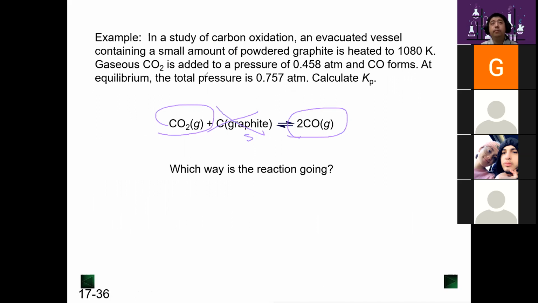It tells me that I have a pressure of 0.458 atm as we are essentially making CO. And then at equilibrium, the total pressure is equal to this value here. So it wants you to calculate Kp. It's actually not giving you the full picture, just parts of things. And it wants to determine whether this reaction is going to shift to the right or shift to the left in order to reach equilibrium. Any questions so far?